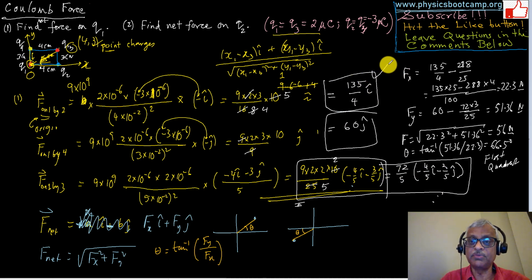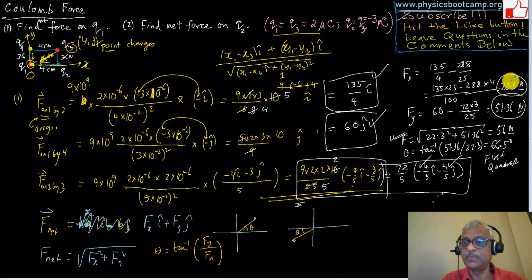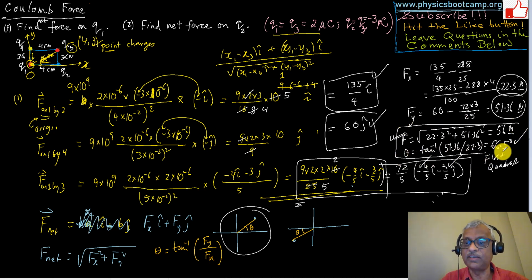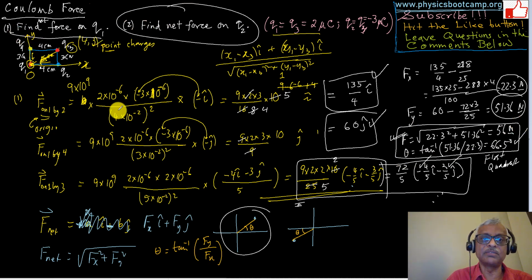So fx comes from here and here, and fy comes from here and here, and then I found the absolute value, and I found that both of them are in the first quadrant. So it's more like this situation, and then I figured the angle out, and so this will be the final answer for this problem. Now you have to go out and do this on your own.